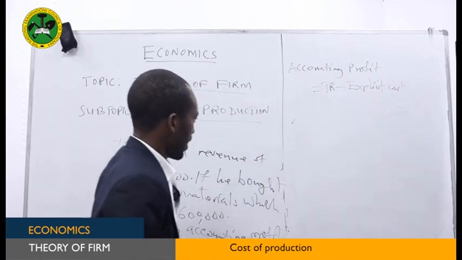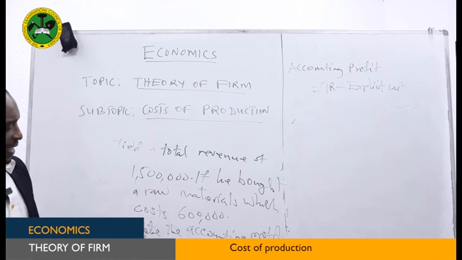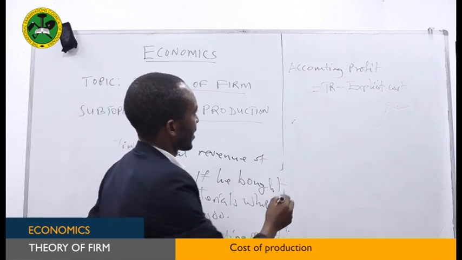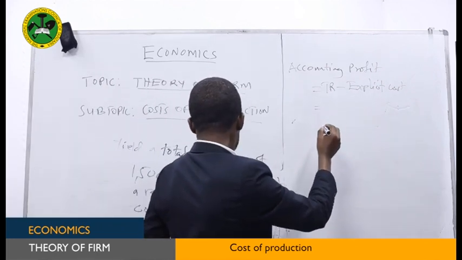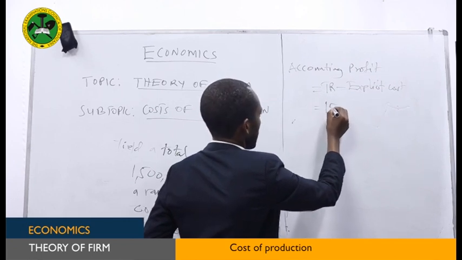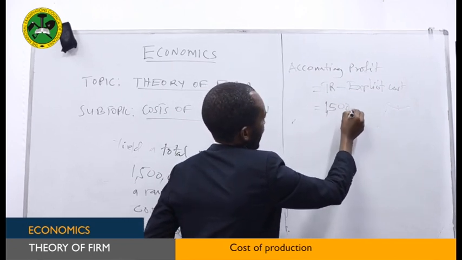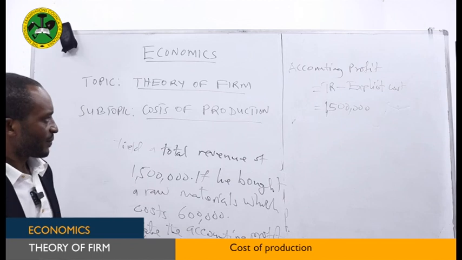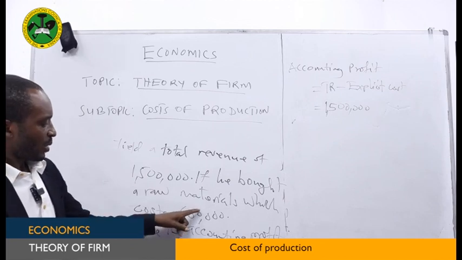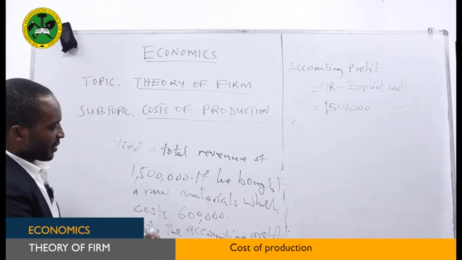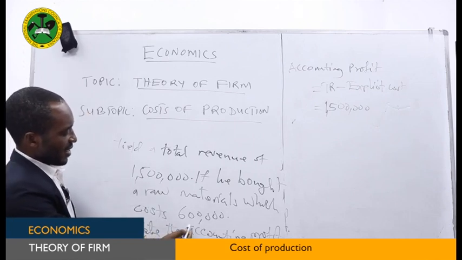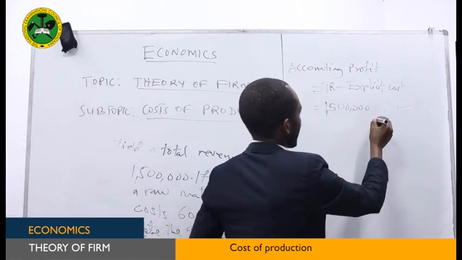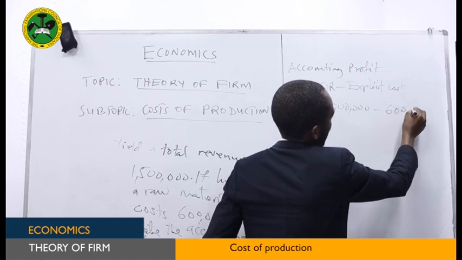cost. So from our example, the total revenue is 1,500,000, and we are given the total explicit cost, the cost which is used to buy raw materials, which is 600,000.